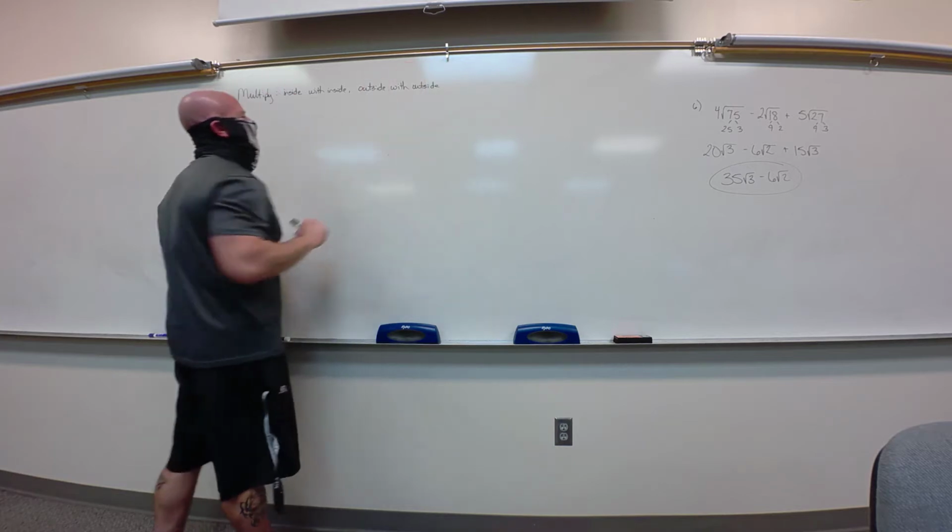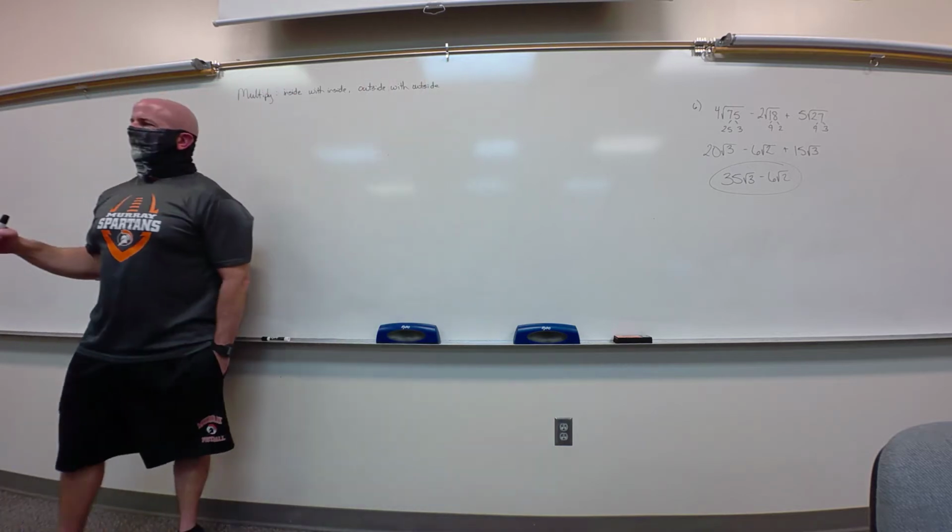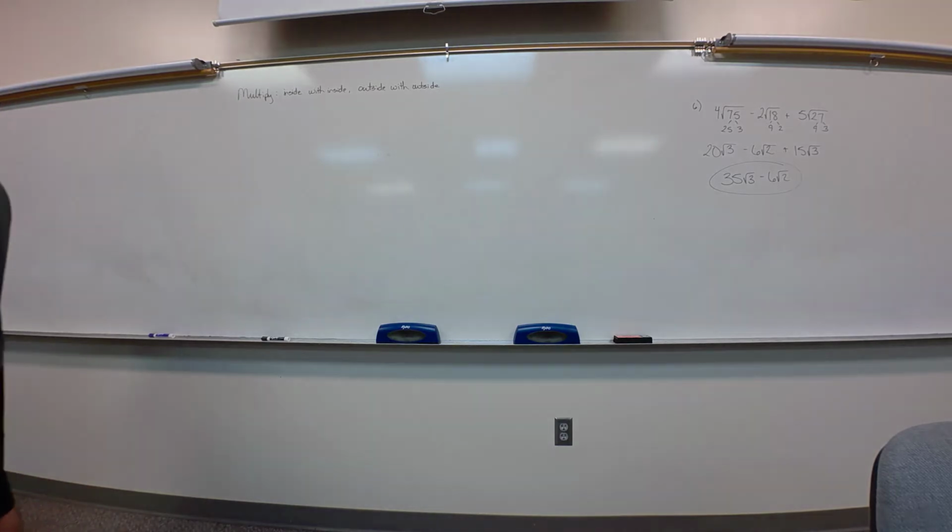And when I'm saying inside or outside, I'm talking about the radical itself. So we're going to multiply the numbers inside the radical with the numbers inside the radical, and we're going to multiply the numbers outside the radical with the numbers outside the radical.